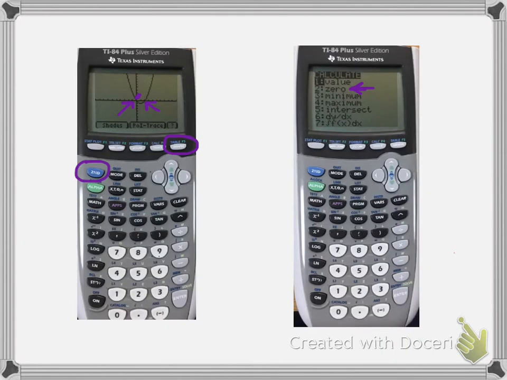We can see them where I have those arrows. It does go through the origin, and it does go through right there at (2, 0). But if they're not easy to recognize, that would be a great place to use your zero feature. Again, left side, right side. If this is the zero that we are investigating right here, this bug would be on the left, this bug would be on the right.